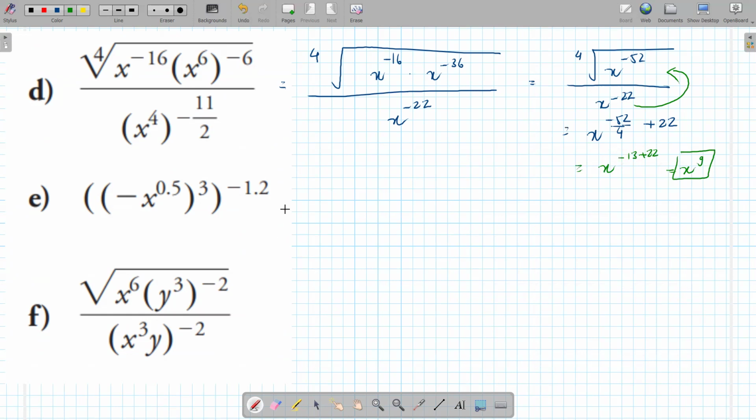For E, slightly difficult. So we have -x to the 0.5 to the -3.6. Now what do we do?